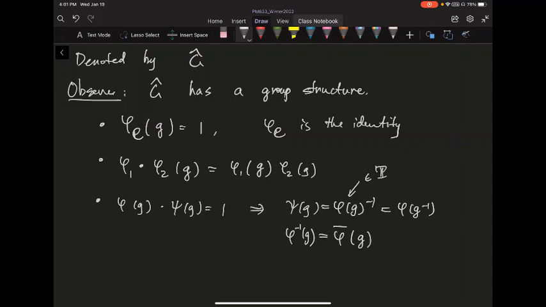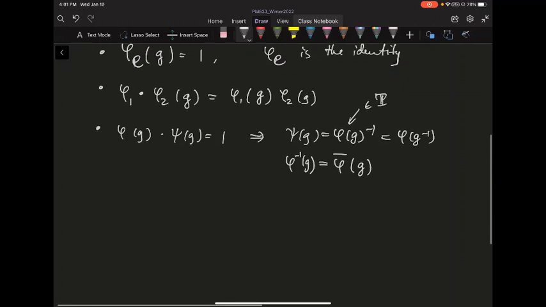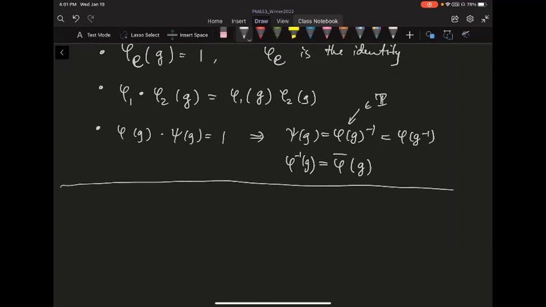If you want to do a sanity check on some simple examples, when G is the unit circle, this phi looks like e to the i n theta. Those are the homomorphisms from the unit circle to itself.